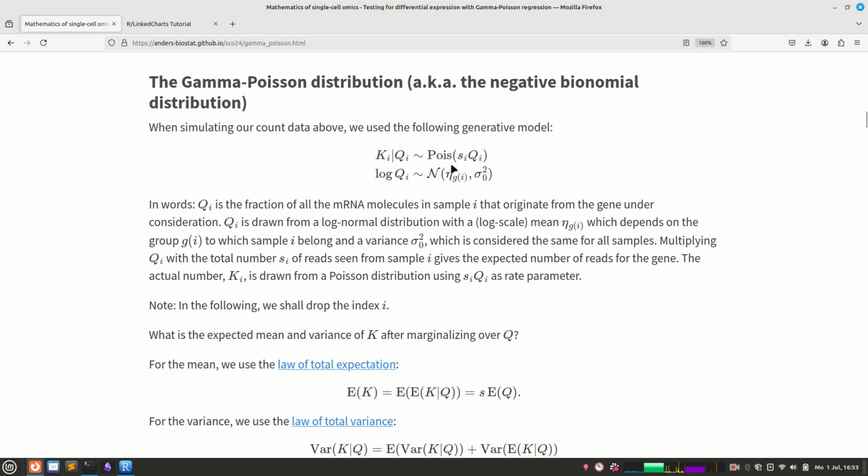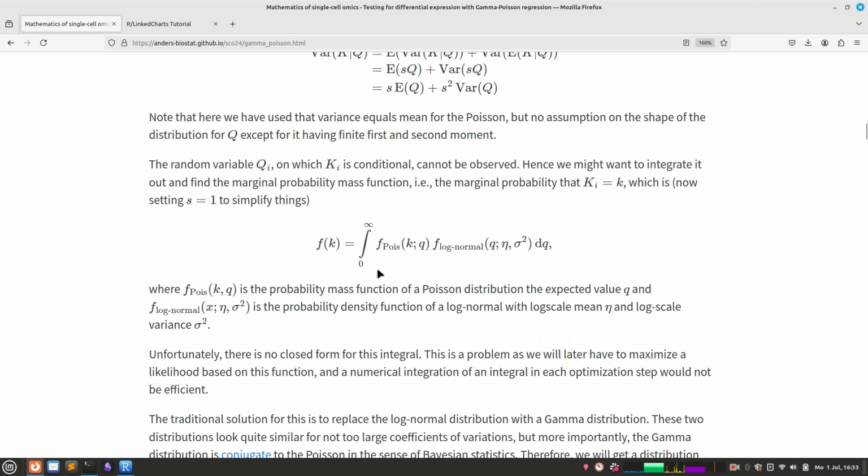So what I have to do is integrate out the Q, by saying this probability mass function to observe K counts is given by this integral, which as you see is the Poisson distribution to get K counts if the Poisson has the right parameter Q, multiplied by the probability that Q has this right parameter if we draw it from this log normal.